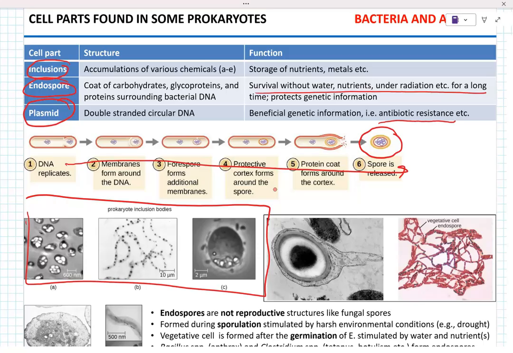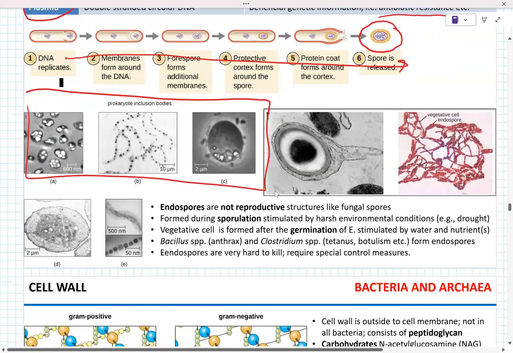Okay? And endospores can survive not just for years, not for centuries, but for thousands and millions of years. When endospore ends up in the environment that is good, food, water, endospore germinates, forming a vegetative cell.